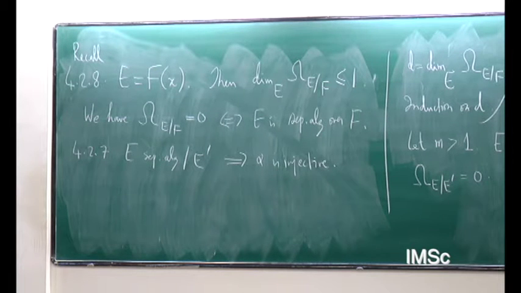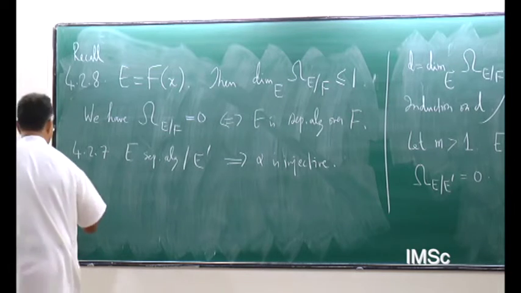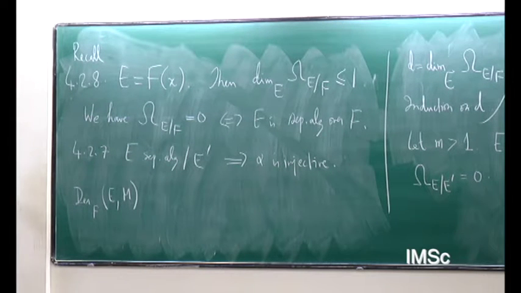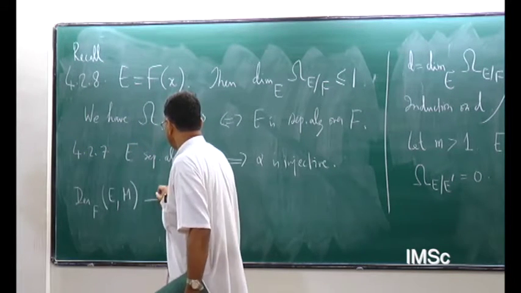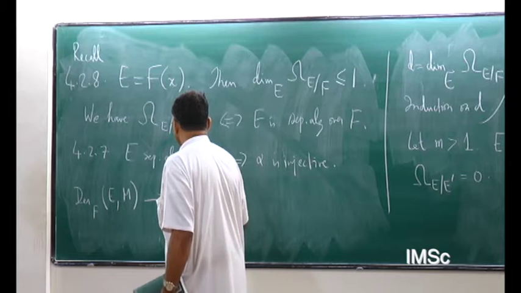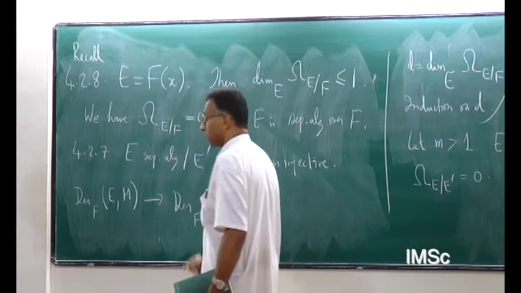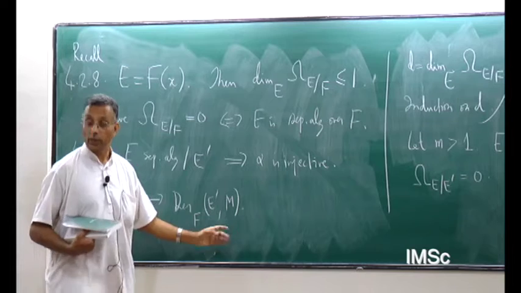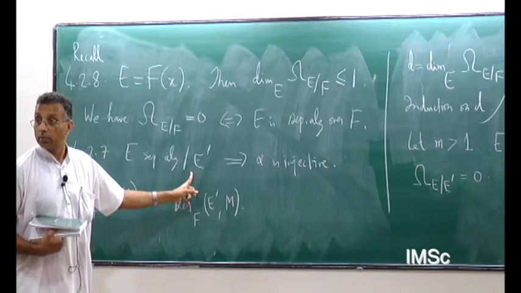Given an E module M, we have the F derivations of E into M. Hom of E into this M is the same as Hom of E prime of this into M. So this being onto is what we have to check, assuming E separably algebraic.